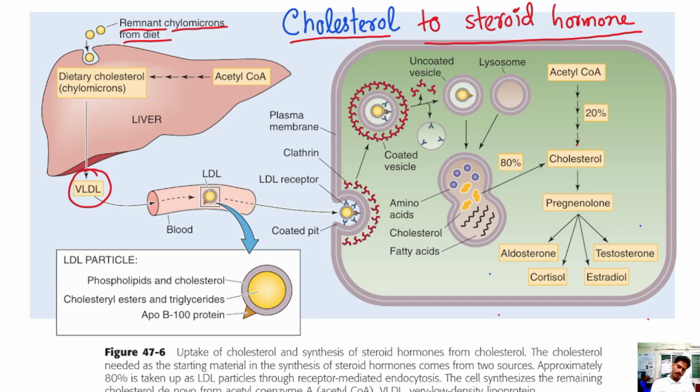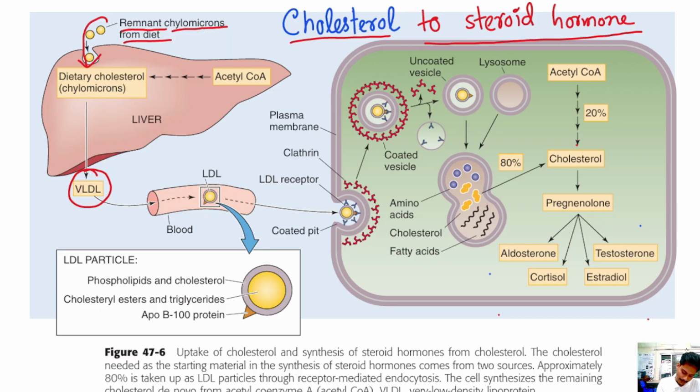It is a small molecule, so it can absorb through the basal layer of the intestine, go through the blood, and come to the liver. So dietary cholesterol in chylomicrons comes to the liver.